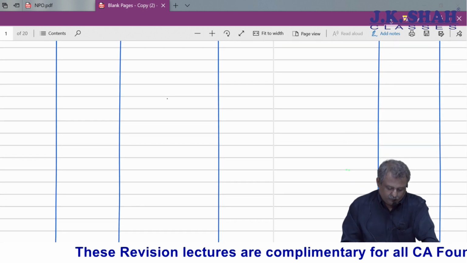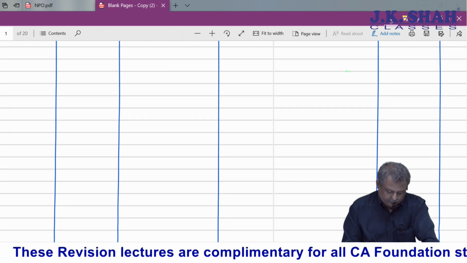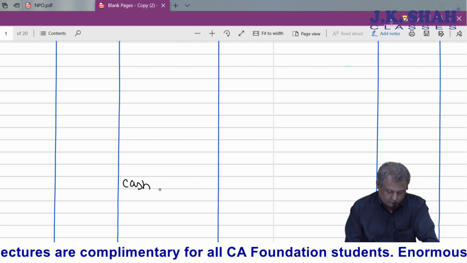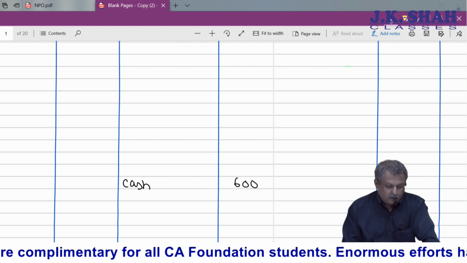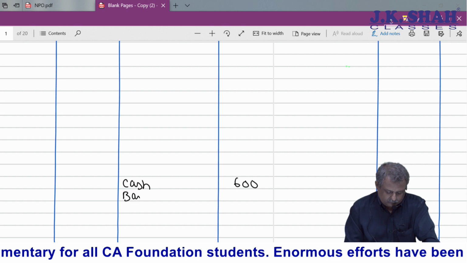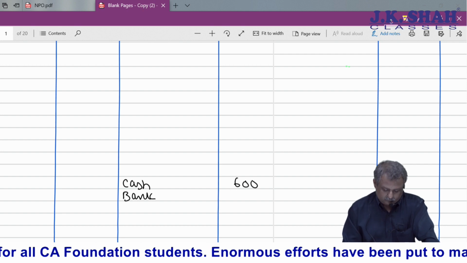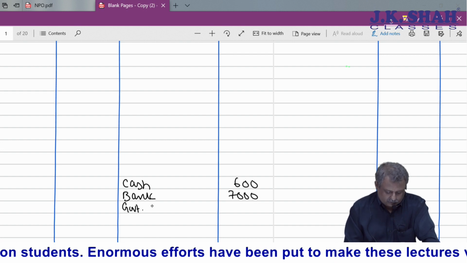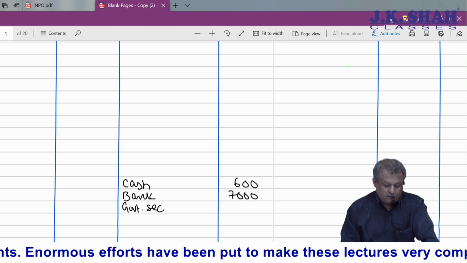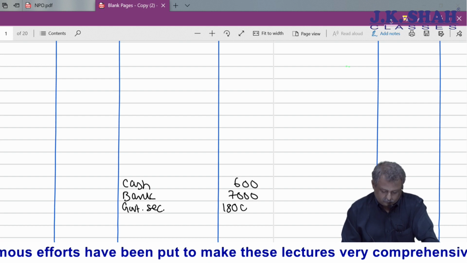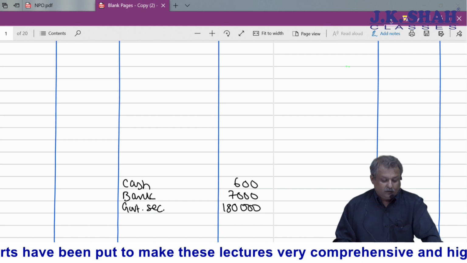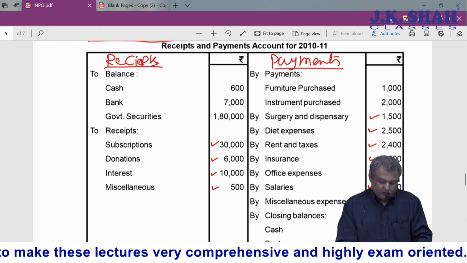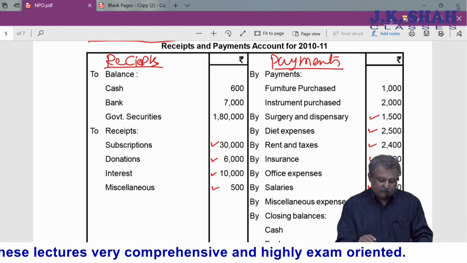But we will leave first few lines and then write cash, bank, and government securities. Then all other items on the receipt side are put a tick mark. Only these first three items, there was no tick mark.